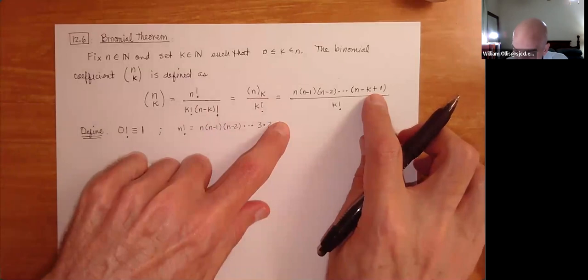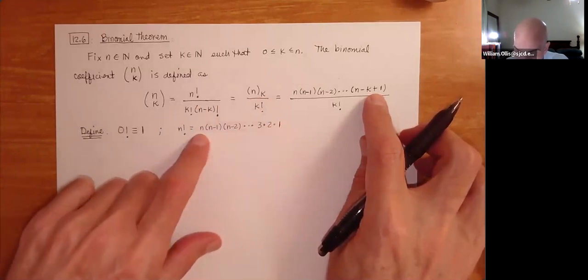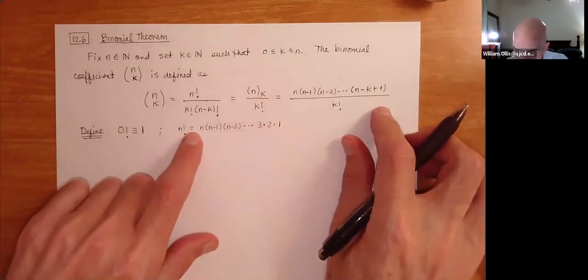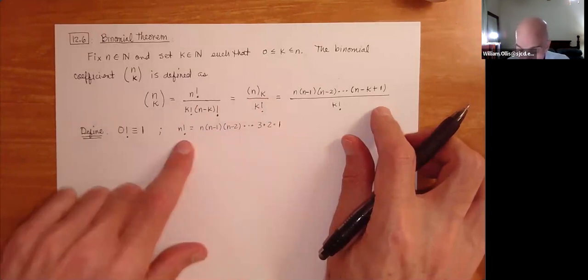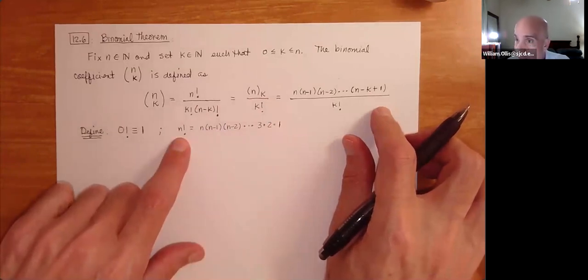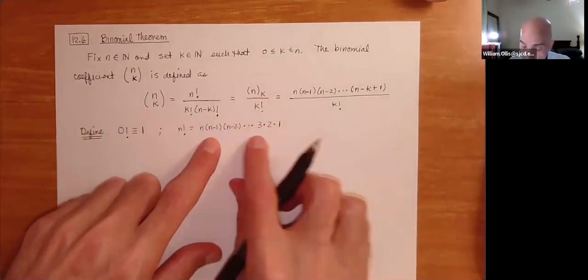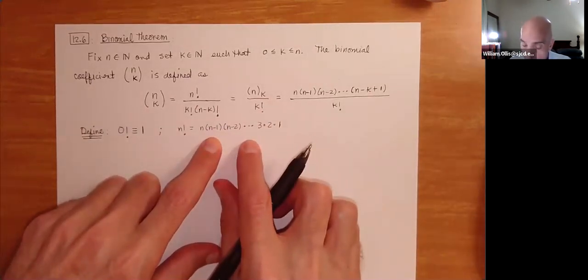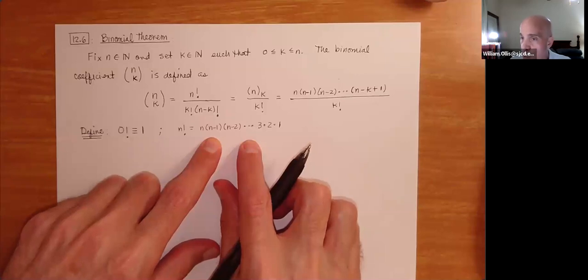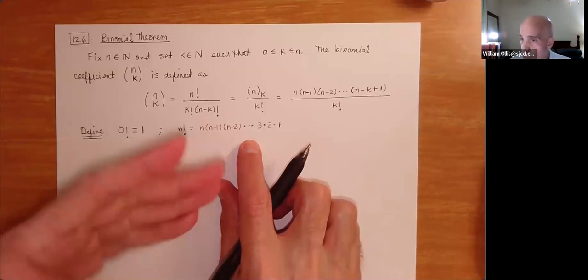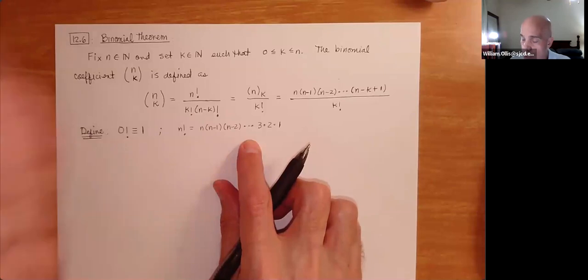That's the k factor right there. This one just has n factors, goes all the way down to 1. So this is like n perm n, where you just start at n and you end at 1. So the factorial is what you already know of. 3 factorial is 6, 2 factorial is 2, 4 factorial 24, 4 times 3 times 2, etc.